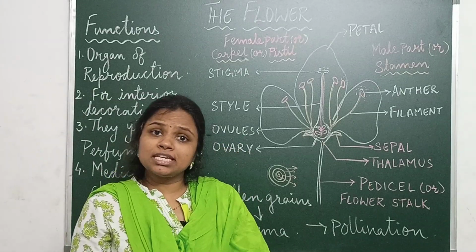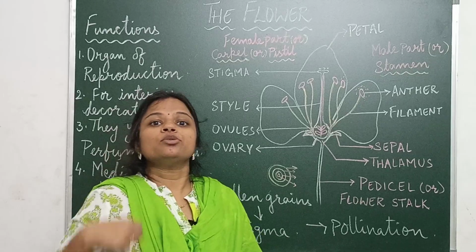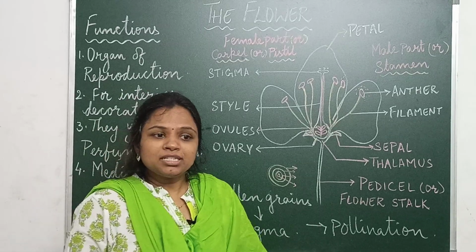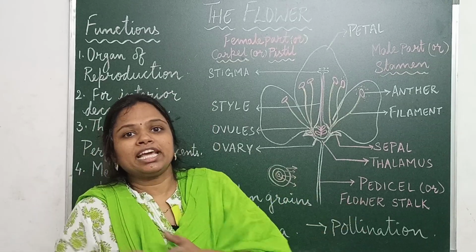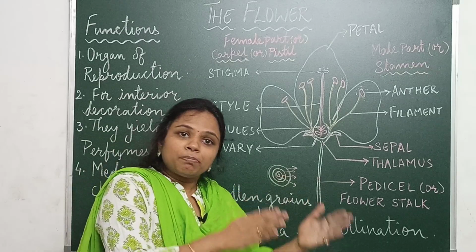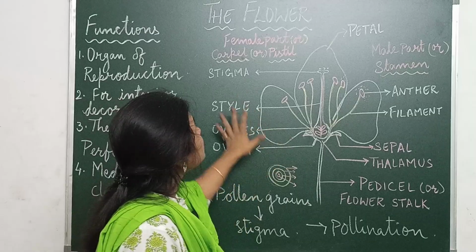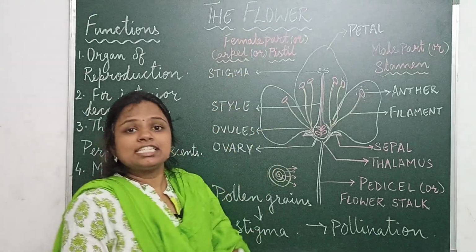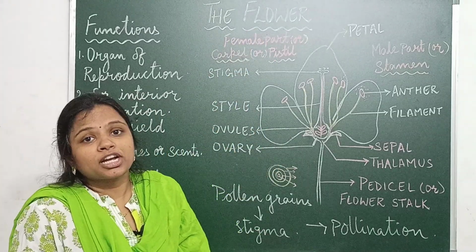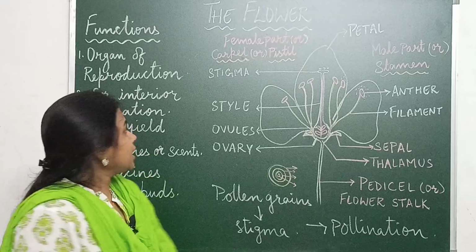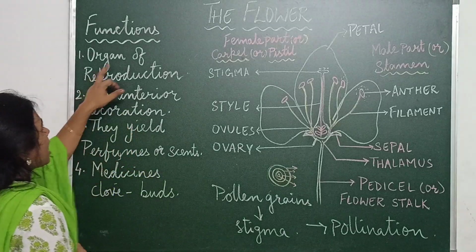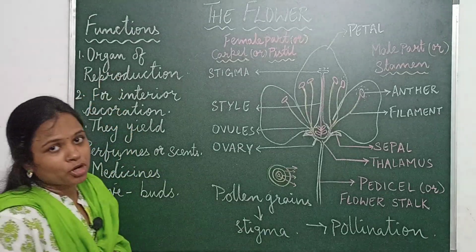When you sow these seeds in the soil, you get new plants, which means we are producing the next generation. The plant is able to reproduce. That is why the flower is considered the reproductive organ, an organ of reproduction.